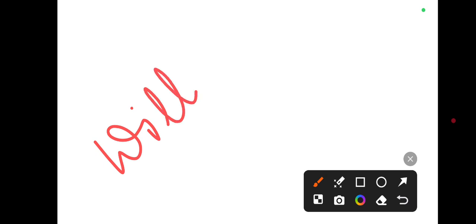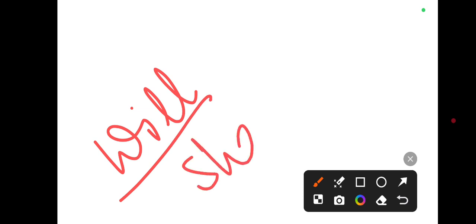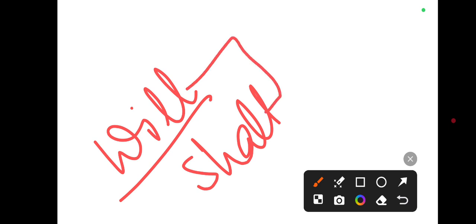In simple present and simple past, we didn't use a helping verb. But here for future, you have to use a helping verb, either will or shall. And will and shall are helping verbs which are modals. Modals are will, shall, may, can, right?